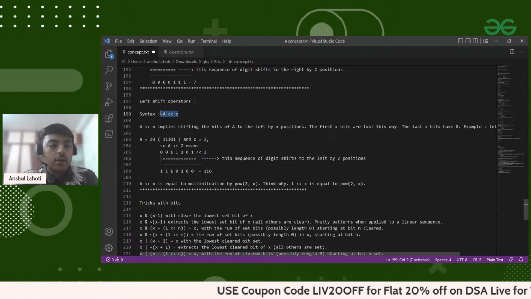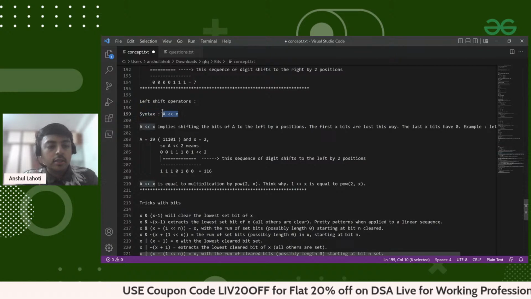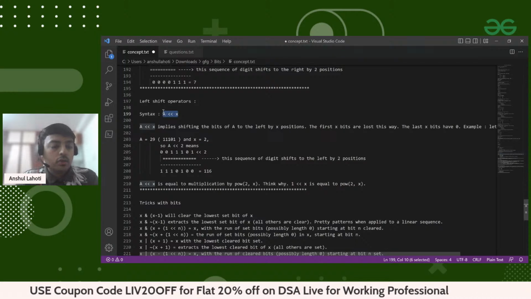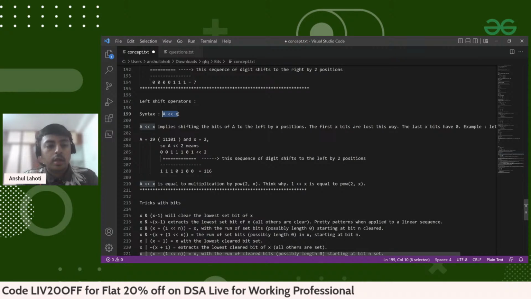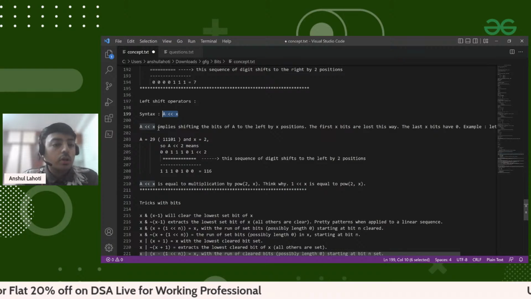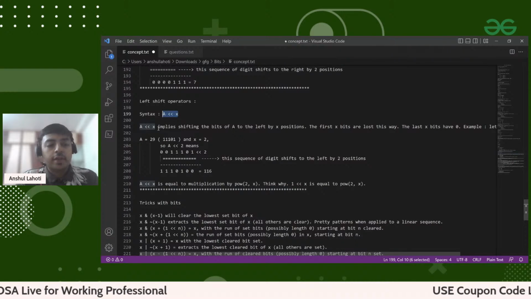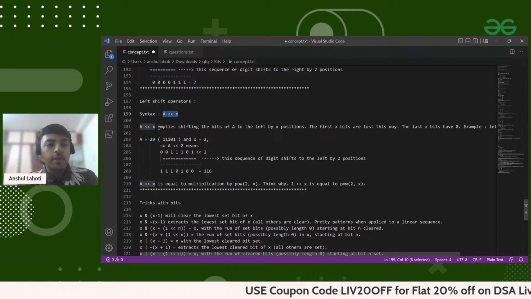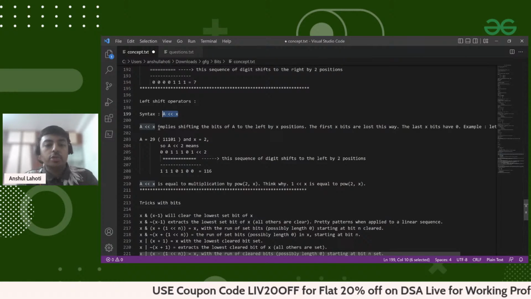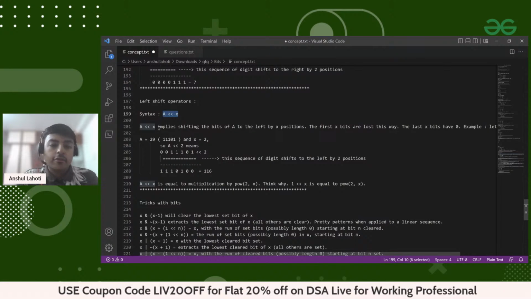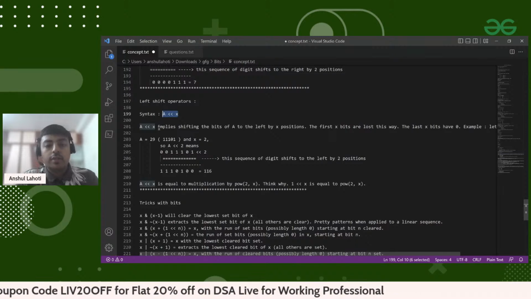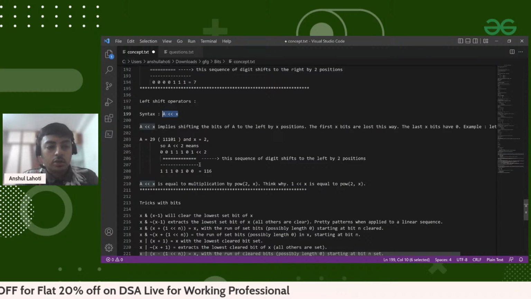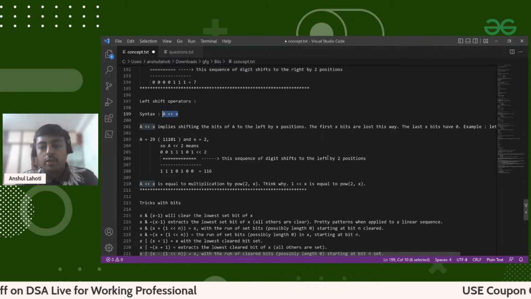Otherwise, it's very easy. So a left shift with x implies shifting the bits of a to the left by x positions. In right shift we shift to the right by x positions, now we are shifting left by x positions. So the first x bits are lost this way. Let's see what this means.